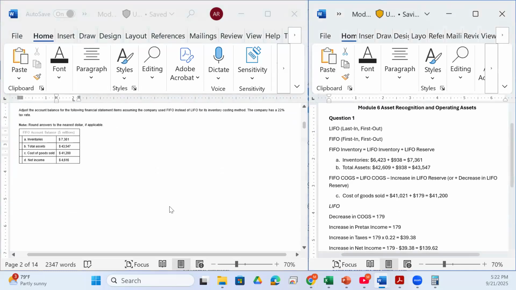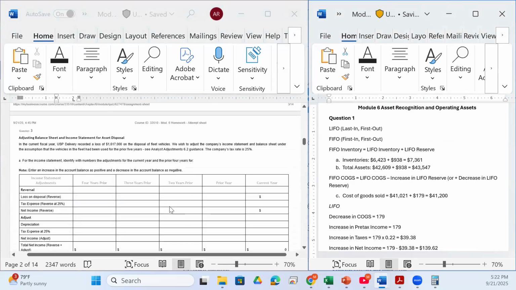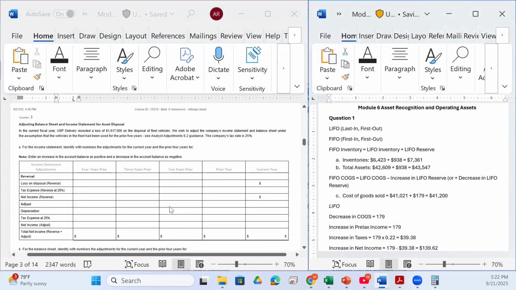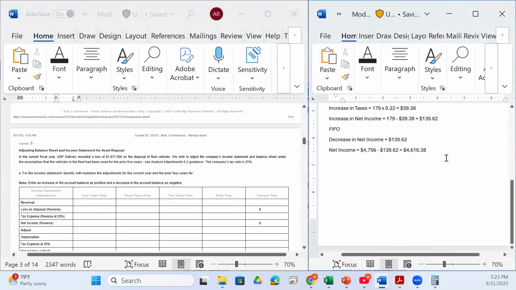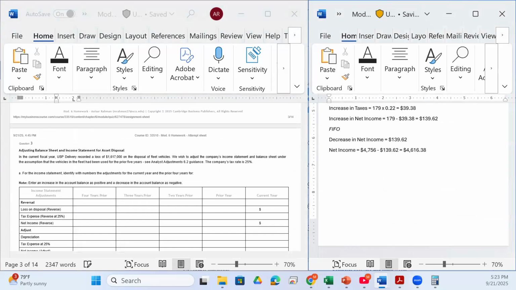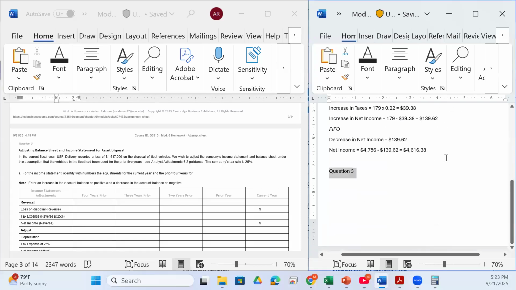Okay. Now let's move to our next problem. Okay, let us work on this one, question 3. What they're saying is adjusting balance sheet and income statement for asset disposal.